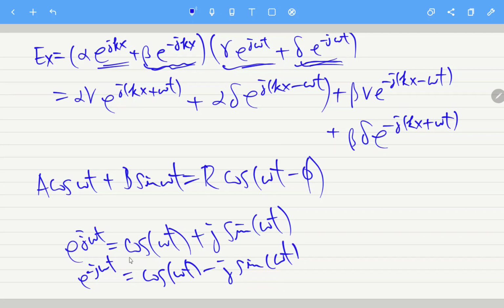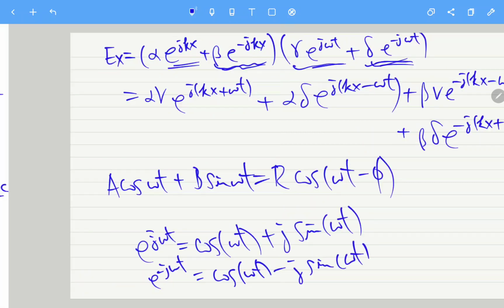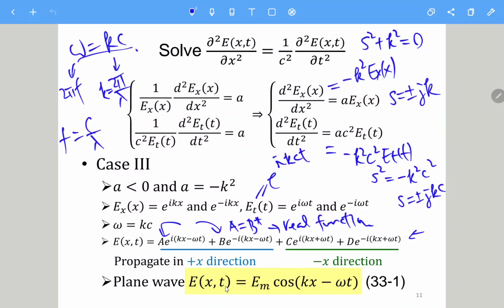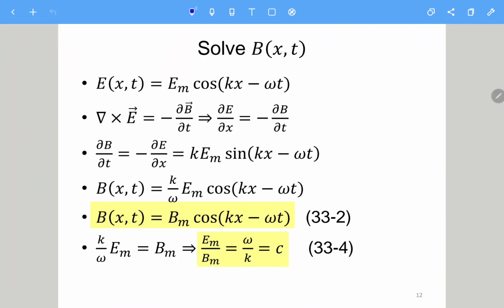So if you add them together, the complex parts cancel each other. We only have the real part remained, with a single cosine. So we have this, equation 33.1, like this.